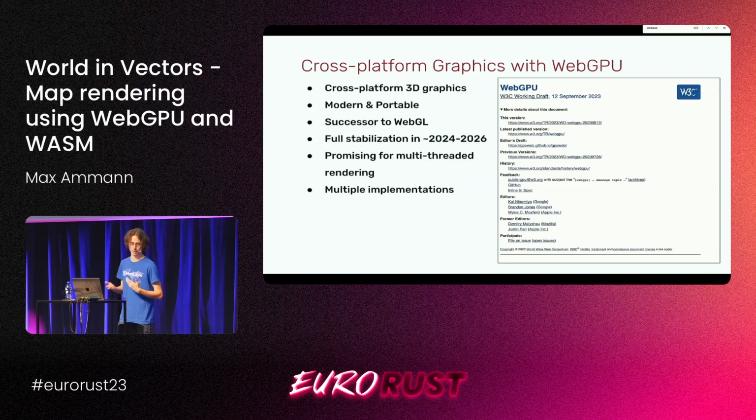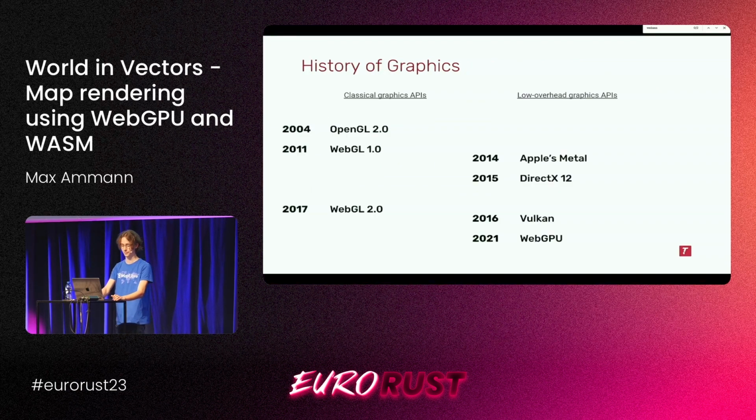I expect it to be stabilized maybe next year, maybe in 2 years, hopefully sooner. One promise that it hasn't held so far is multi-threaded rendering, where you can upload data from several threads. Unfortunately this is not in the first version of WebGPU, so eventually WebGPU 2 will allow that.